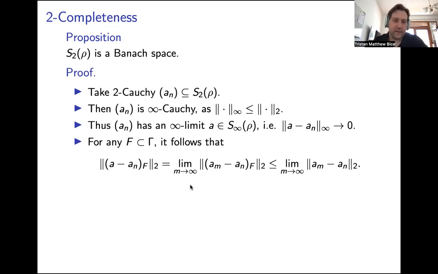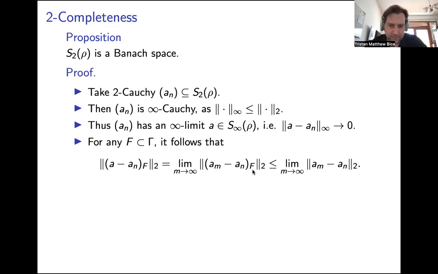In particular, for any finite subset, this should be a G, sorry about that, if you restrict to any finite subset, then I can look at the 2 norm of that and replace the a here with a_m, and as long as I take the limit as m approaches infinity, this shouldn't change.